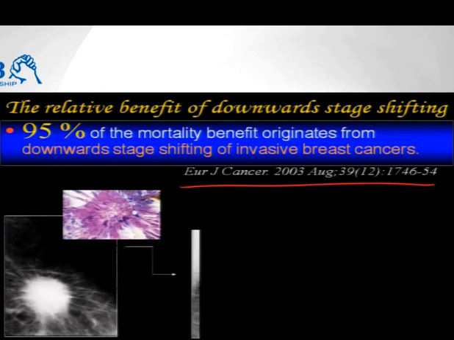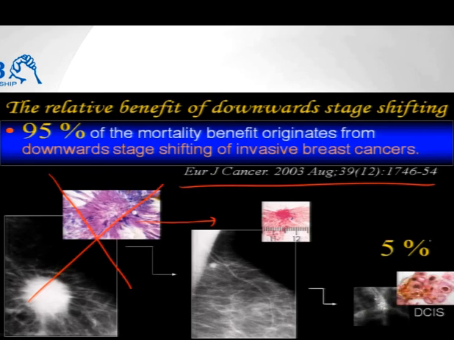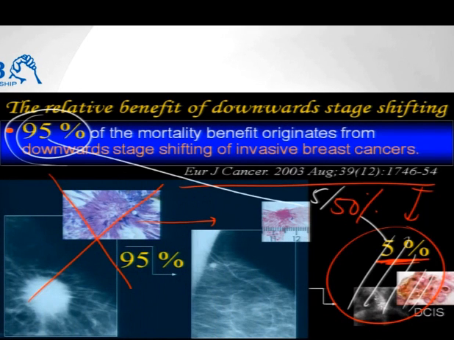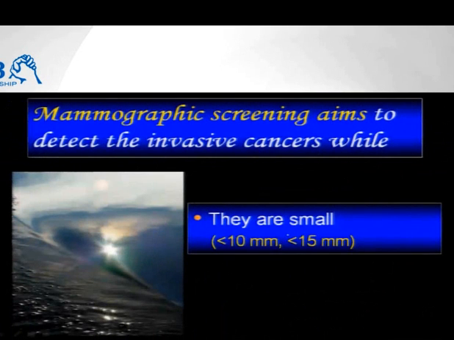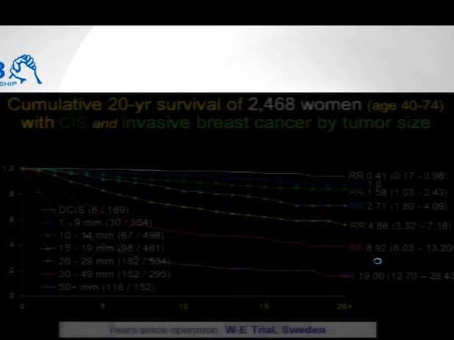Science says, if we really want to go back in time and get rid of the advanced cancers, don't chase calcium. Of course, we all take care of calcium. That's not the point. But if you decrease mortality in your community by 50%, then only 5% of the 50% originates from taking out all cancers, all calcifications. 95% originates from finding the non-calcified stellate lesion when it is really a baby and it's still localized to the place of origin.